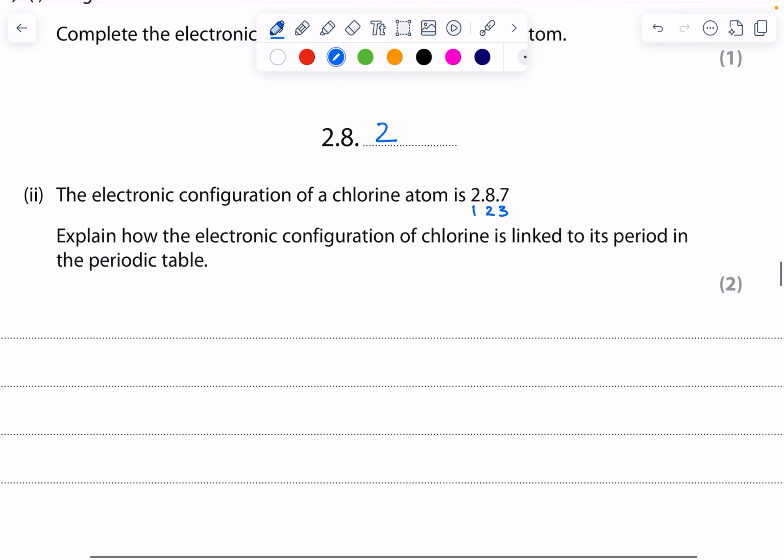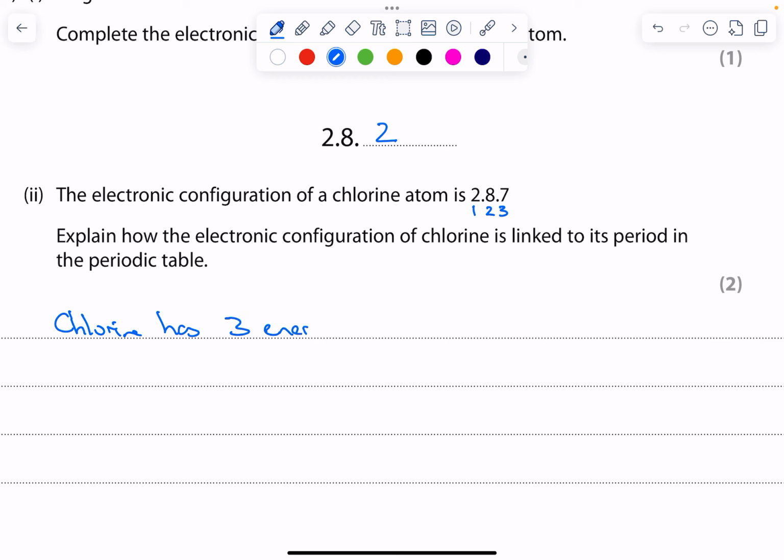So the way I would explain that for 2 marks, I would say that chlorine has 3 energy levels. So it is in period 3. And there'll be 1 mark for each of those responses.